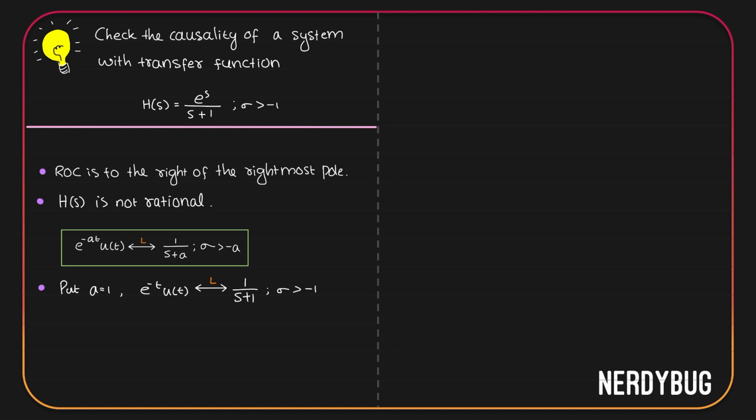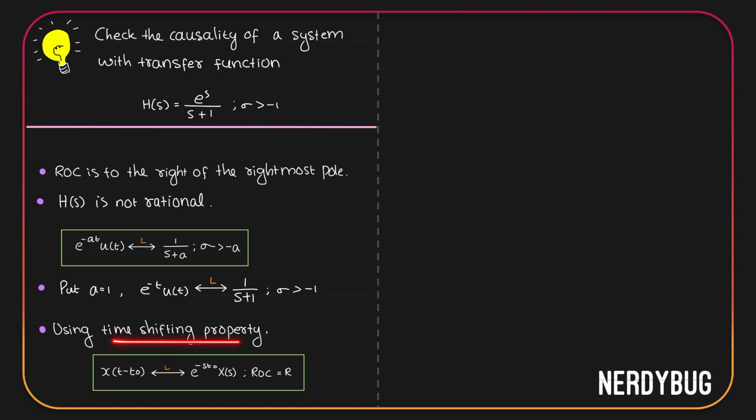The transfer function that we have over here is e raised to s multiplied by 1 by s plus 1. Using time shifting property, we have learned before that if X of s is the Laplace transform of x of t, then the Laplace transform of x of t minus t naught is e raised to minus s t naught X of s.